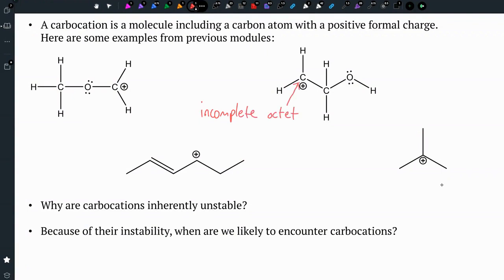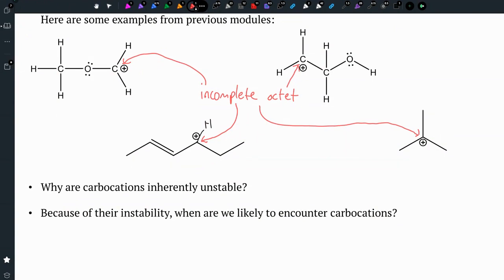You can see these two explicitly. They have 3 bonds, no lone pair, so they have an incomplete octet. In the skeletal structures, you realize here, there is an implied hydrogen, but only one implied hydrogen. And then on this carbocation down here, there's no implied hydrogen. So again, they're making 3 bonds. They don't have a lone pair. So they have an incomplete octet, which means they've got space to make more bonds.